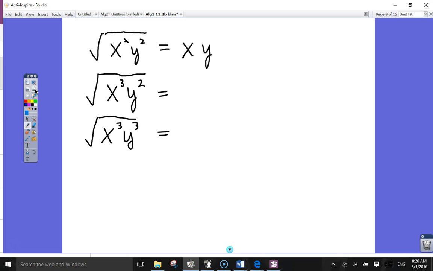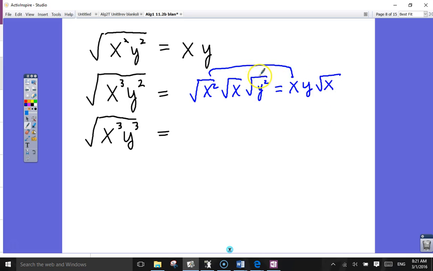So how about we split that up into x squared times the square root of x times the square root of y squared. Right. Now the square root of x squared is x. The square root of y squared is y, and then the square root of x we can't simplify. Right. So this goes here, this goes here, and then this stays the same.